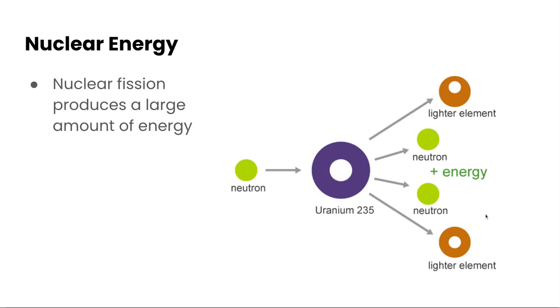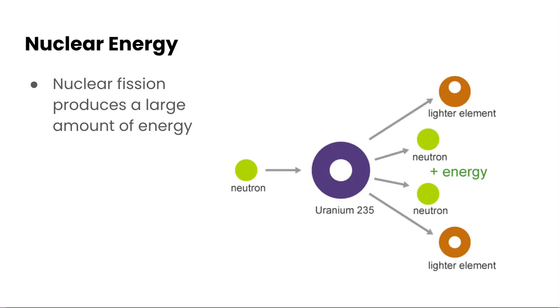Nuclear energy uses the reactions of nuclear fission. What happens here is that an element, usually uranium, is basically broken down, so neutrons are released, as well as a lighter element.